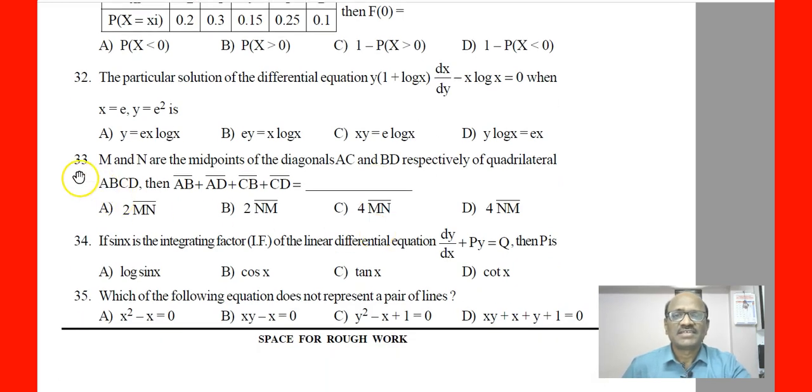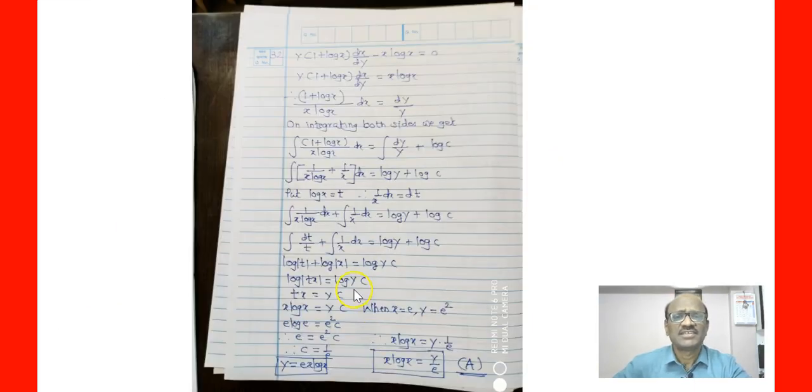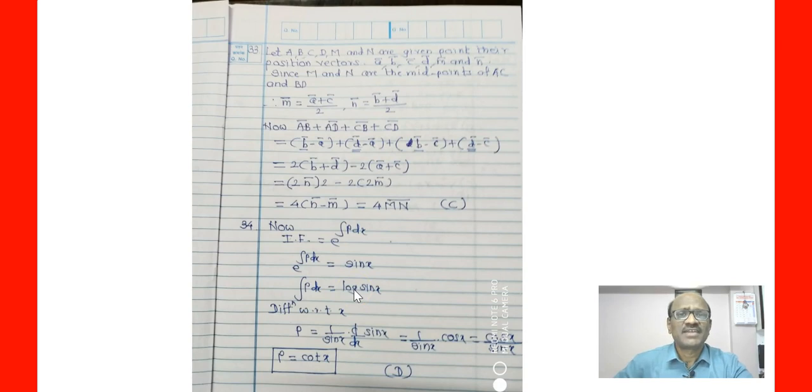Now next: m and n are the midpoints of the diagonals AC and BD respectively of the quadrilateral ABCD. Then AB bar plus AD bar plus CB bar plus CD bar, what is the value of this? It's a very simple question, from vectors. m and n are the midpoints, so m bar is A bar plus C bar upon 2, and n bar is B bar plus D bar upon 2.